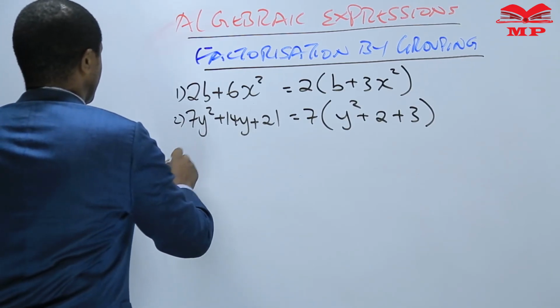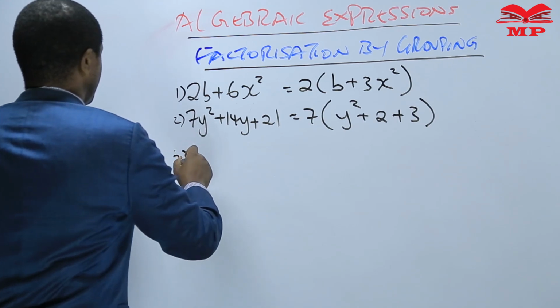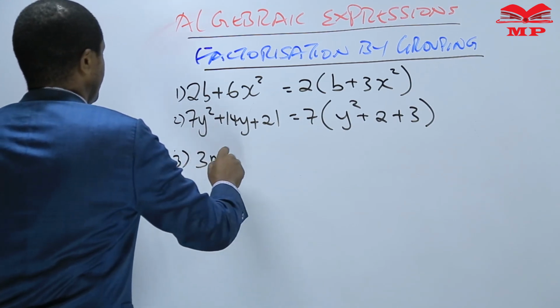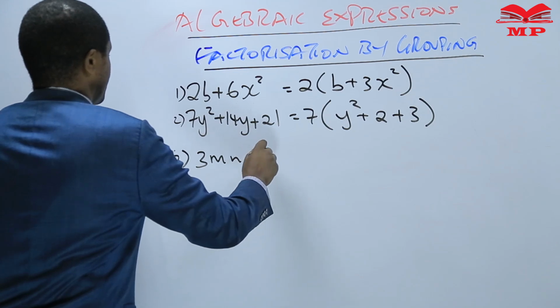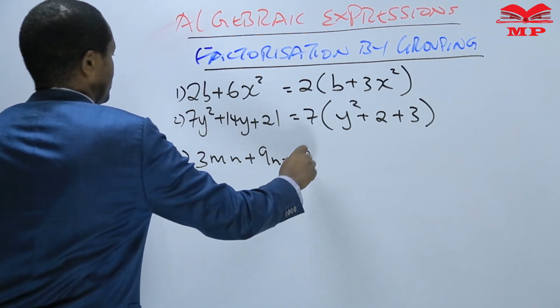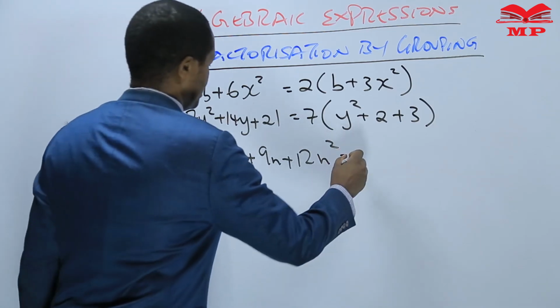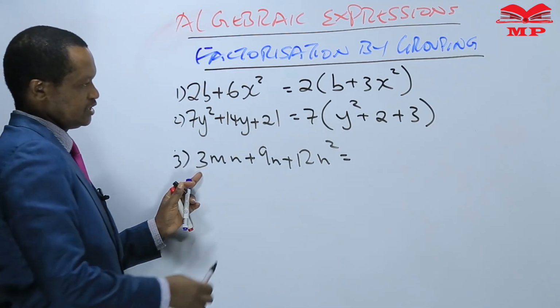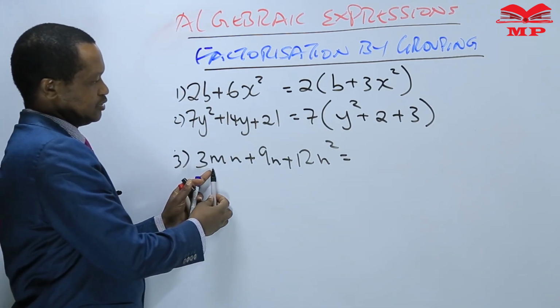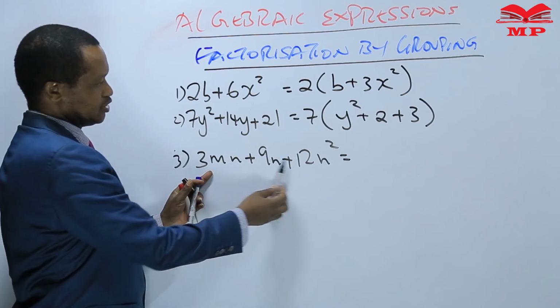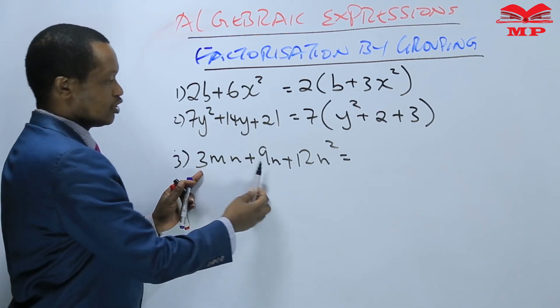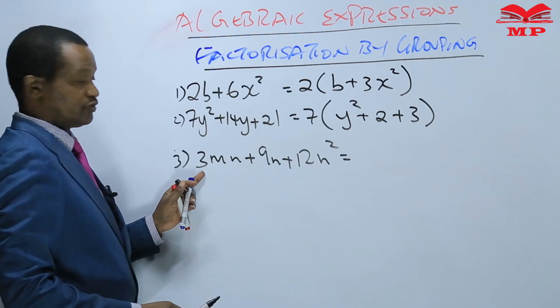Number 3, we learned how to factorize 3mn plus 9n plus 12n squared. What are the common factors here? m is not common, n is common, and 3 is a common factor.